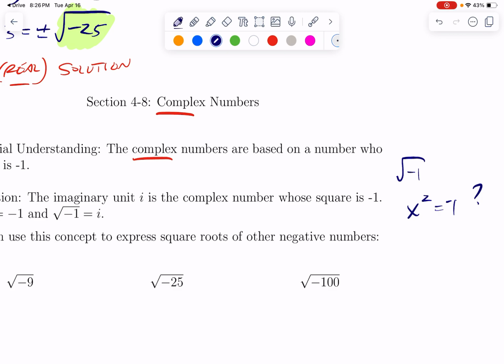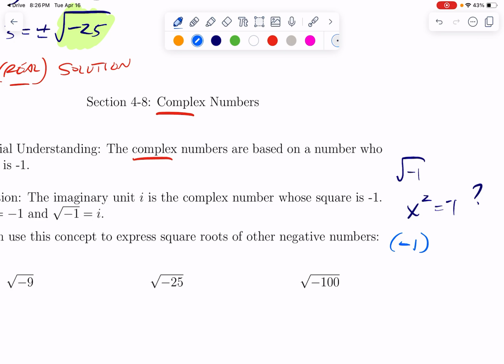So mathematicians have decided, well, let's cheat a little bit. If there's no actual number that has this property, let's make one up. And since it's not actually a real number, we'll call it an imaginary number. We're just going to imagine that somehow theoretically there's this weird imaginary kind of number that makes this correct.